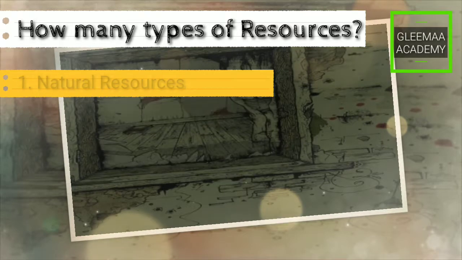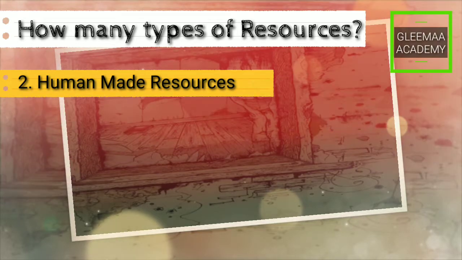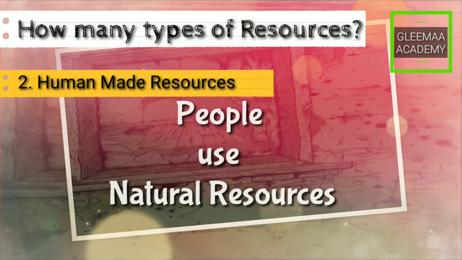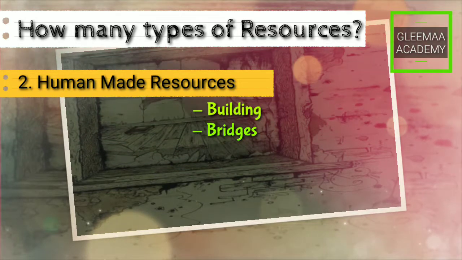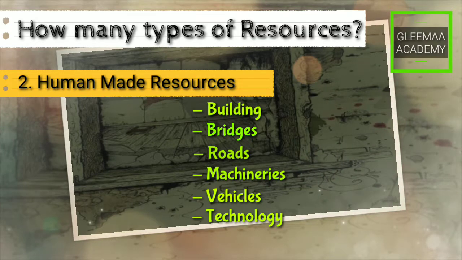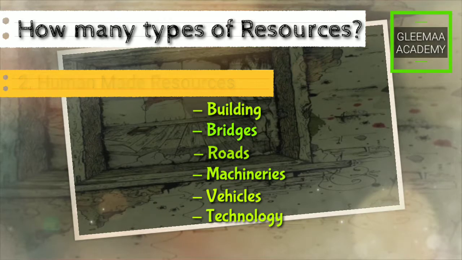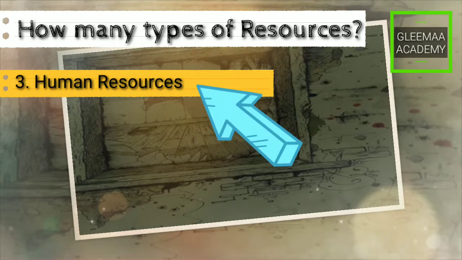Now comes the second one, that is, human-made resources. Human-made resources are formed when people use natural resources to make buildings, bridges, roads, machineries, and vehicles. We can also consider technology as a human-made resource, as it is human-driven in nature. And finally, the human resources.